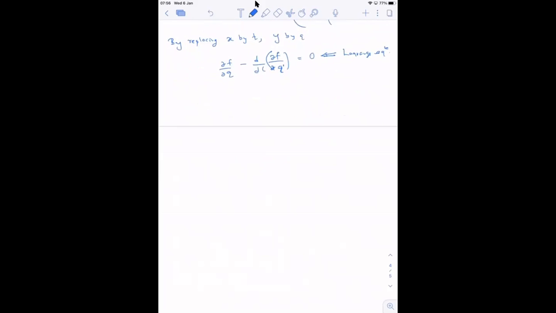So let me write it in this way. This technique can be used in general to find stationary points.